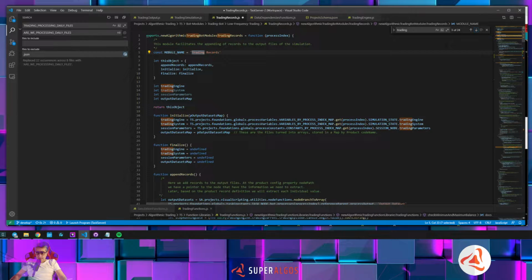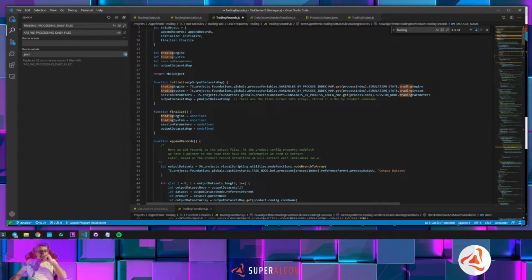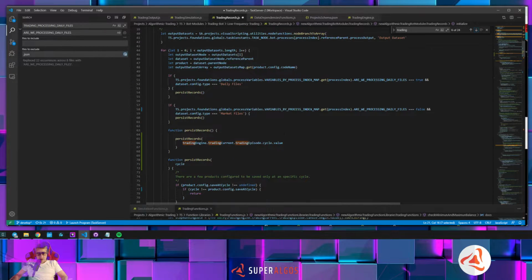It doesn't seem to use the trading system for anything here, so probably we can simplify this a little bit. What I see is that this requires this cycle.